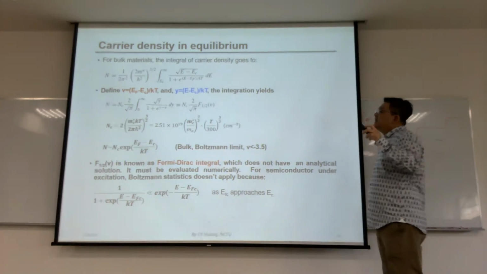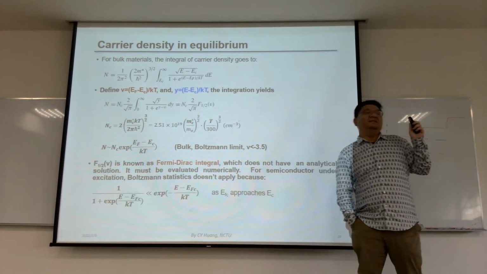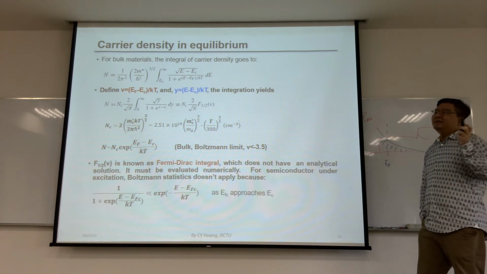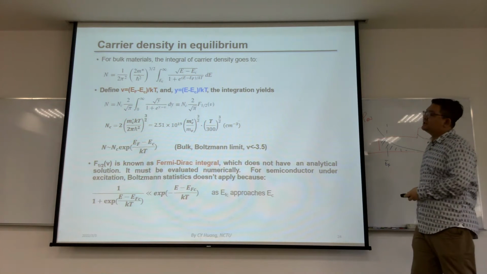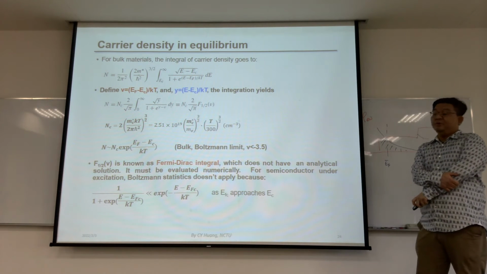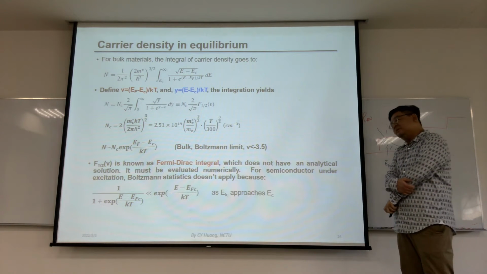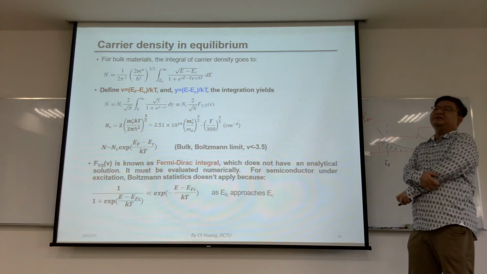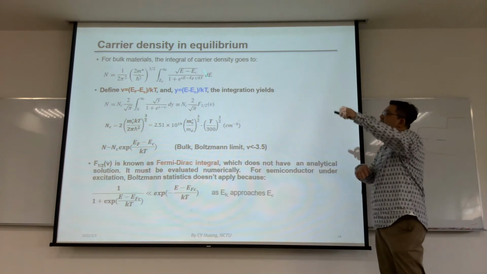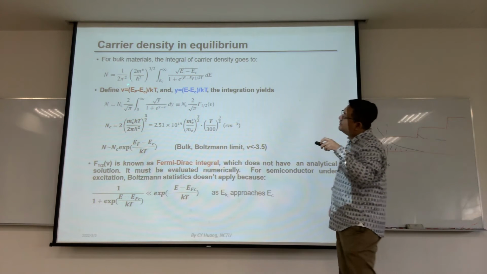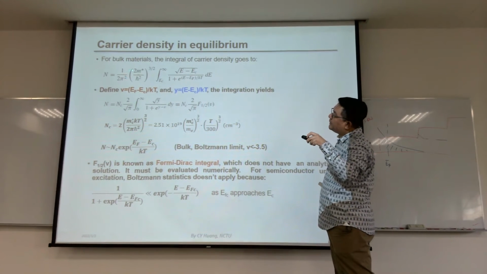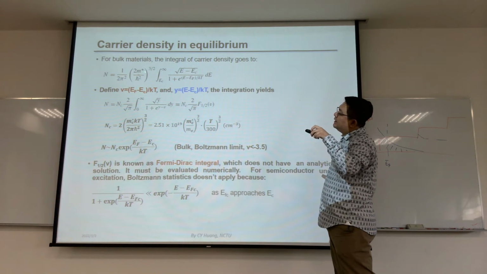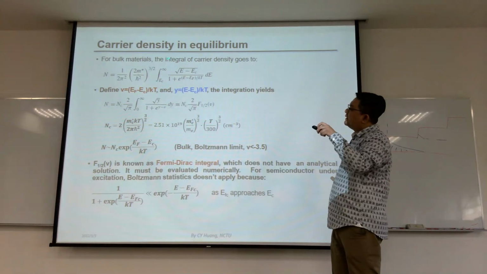Okay. The trickier part is the bulk semiconductor, because the integration doesn't have a specific expression. So we need to do the numerical approach. Because this is a numerical problem, the third class is actually a math class. Alright, so this is the density of states, 1/2 pi squared times 2m star over h bar squared to the power of 3/2, and this part is the integration.